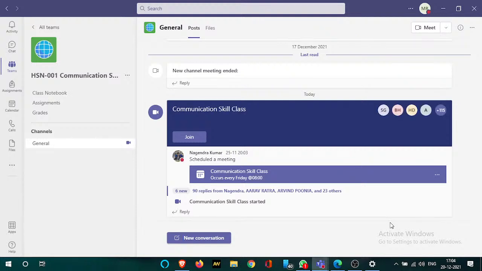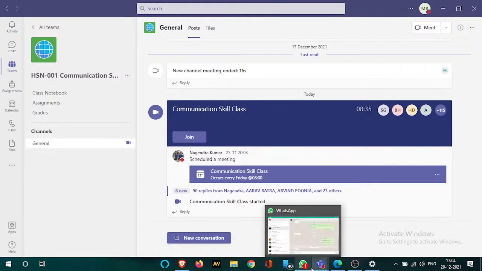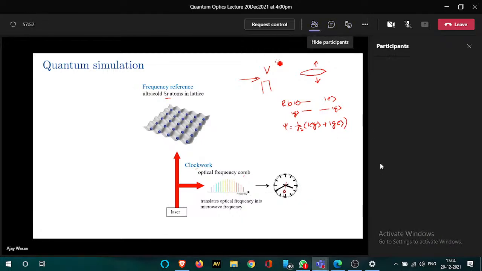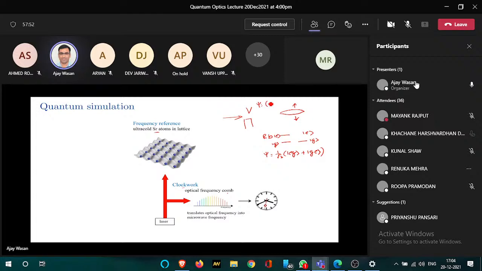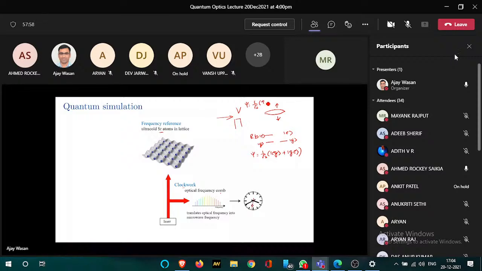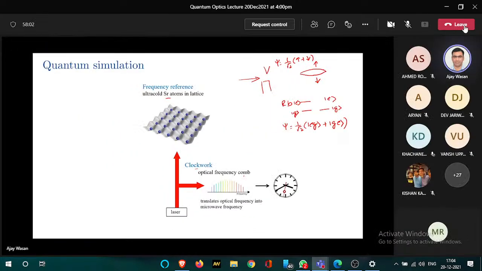And I say entanglement is 1 over root 2 (Eg plus Ge) if I take the symmetric state. And in this case, whatever you're saying, if I am right, you will be... Now see here.